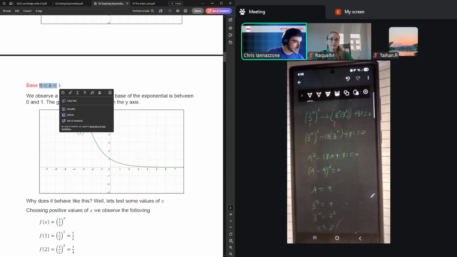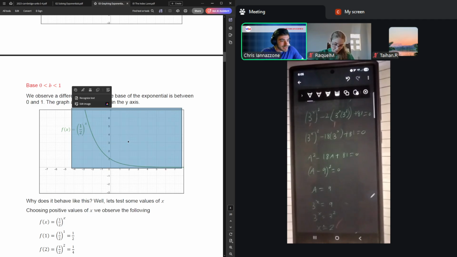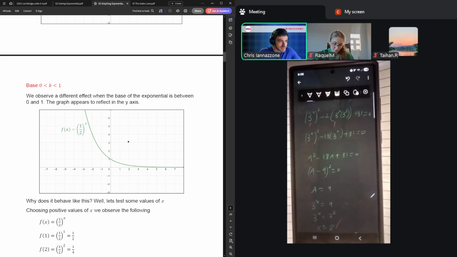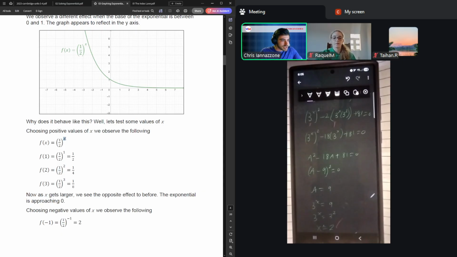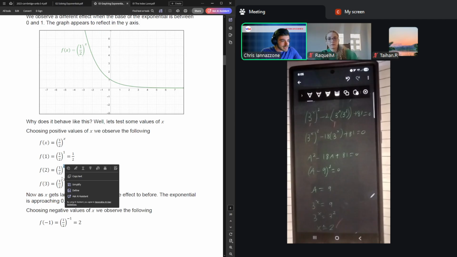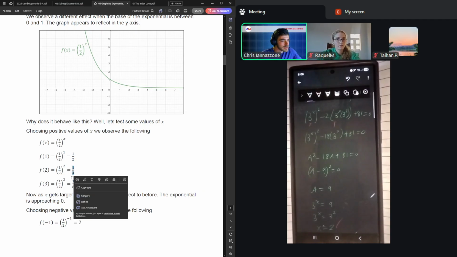The more interesting thing is that when you have a base between 0 and 1, we're effectively having a flip across the y-axis. So this is essentially a reflection in the y-axis. The reason why, as we touched on earlier, is that when you have a fraction to a power, raising that power only makes the denominator bigger and bigger. So as your x increases, or as you go right on the x-axis, we can see the y values are decreasing.